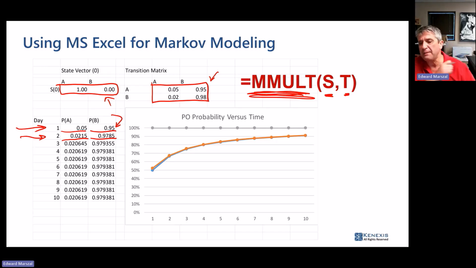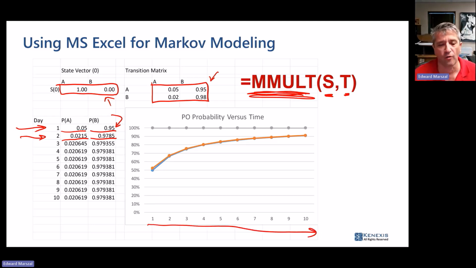So if you then plot versus time, I honestly screwed up when I was doing my graph here, but the shape is kind of what I wanted to show you, where you're basically getting an asymptotic approach to 0.98 as time increases.